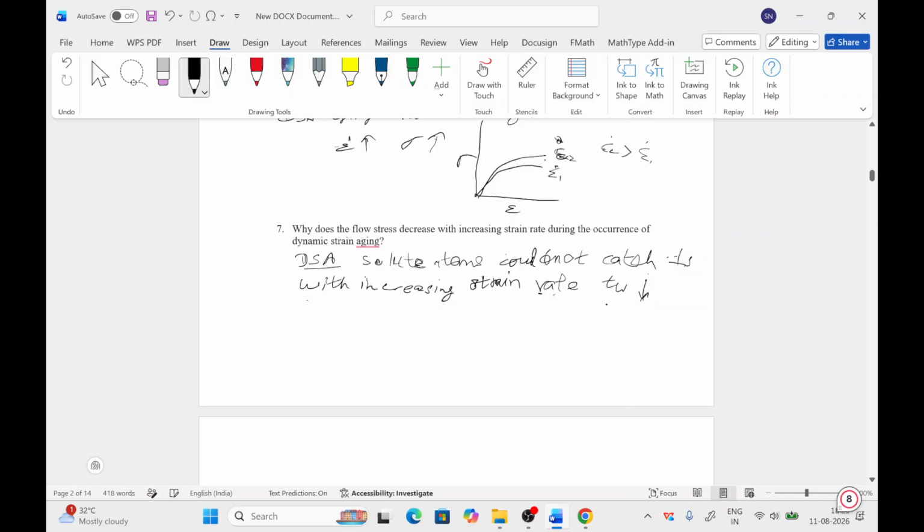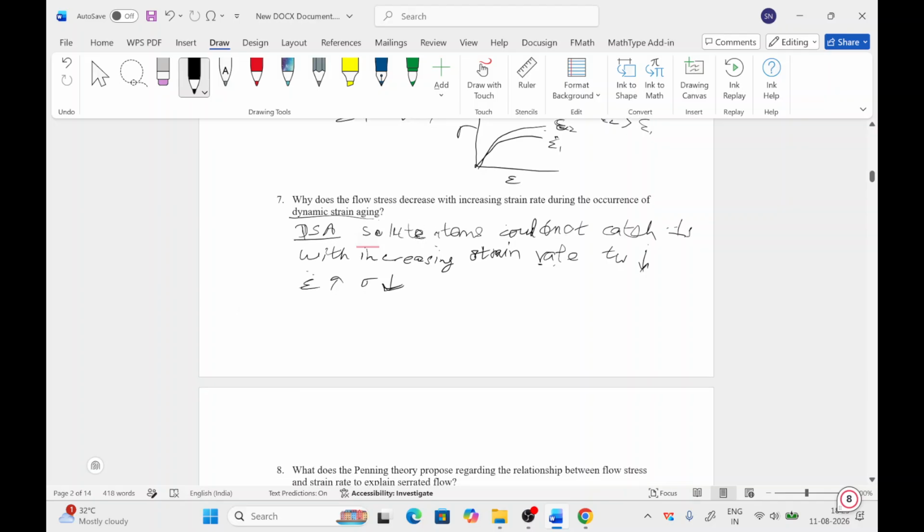So during dynamic strain aging, as the strain rate is increased, the flow stress decreases, because the solute atoms could not catch the dislocations.